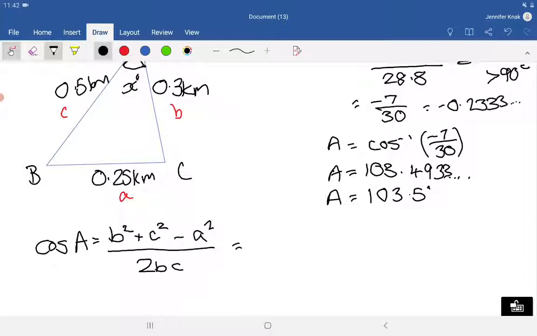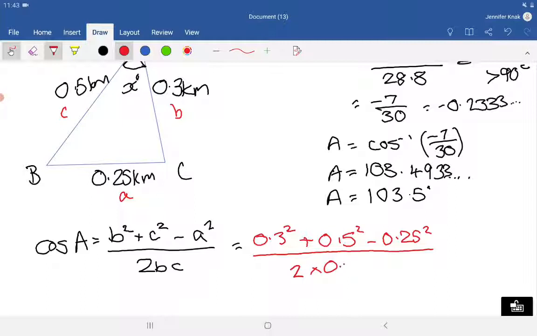I'm just going to work horizontally for a second to get the numbers in, and then I'll go vertically from there. You know you should be going vertically. So b squared is 0.3 squared, c squared is 0.5 squared. A squared is going to be minus 0.25 squared. All divided by 2 times b times c, like so.